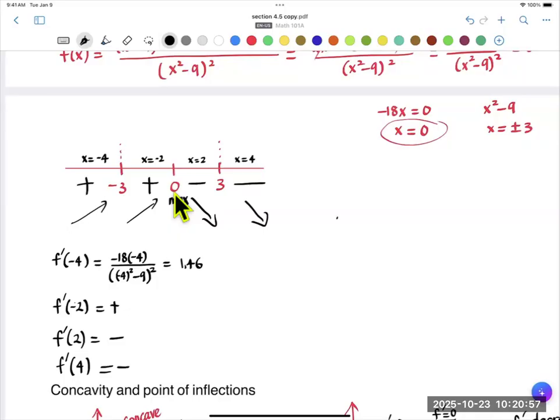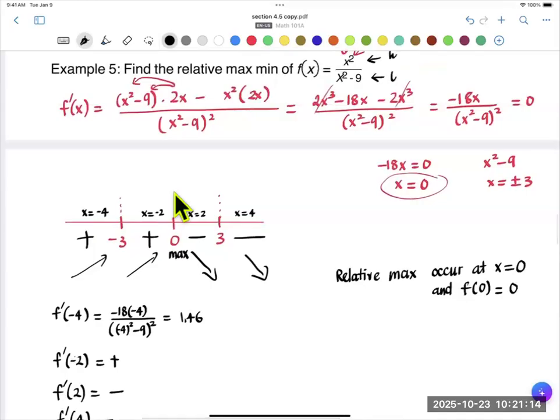So the relative max occurs at x equals 0, and f of 0, the maximum value, is 0 as well. If you plug into here, you're going to have 0 divided by negative 9, which is 0. So that is your relative max.